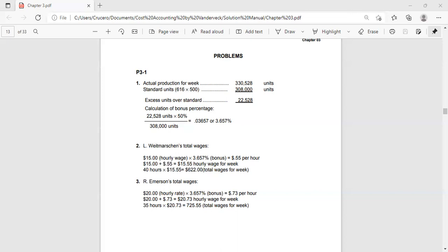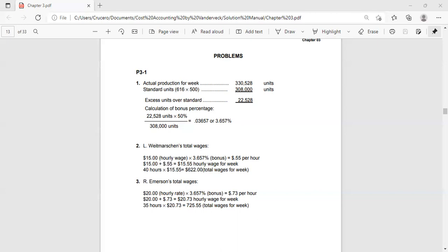Now, we go to number 2. We have now the Whitmartian's total wages as required. What are the total wages of Whitmartian, who work 40 hours at the rate of 15 per hour? So 15, that's the hourly wage, and we multiply it by 3.657, the bonus computed in number 1.